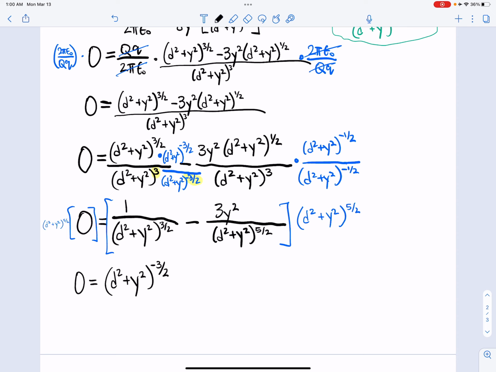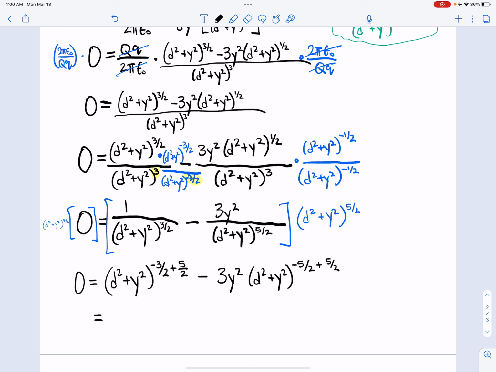So then it would be plus 5 over 2 minus 3y squared times d squared plus y squared to the minus 5 over 2, right? Because it's in the denominator, therefore the negative sign. Same here. And then that would be plus 5 over 2.